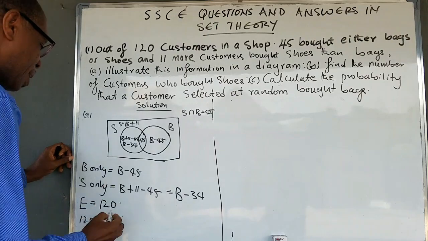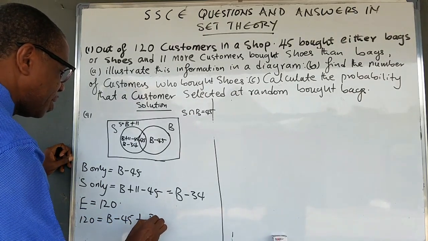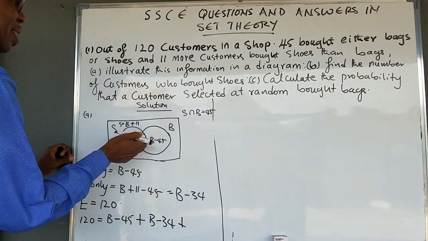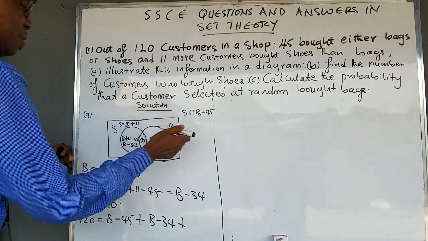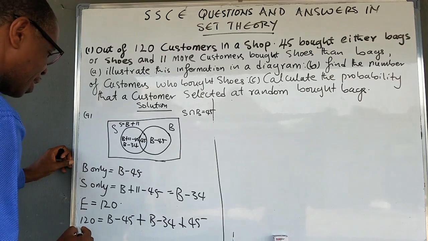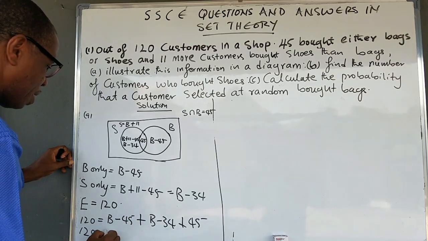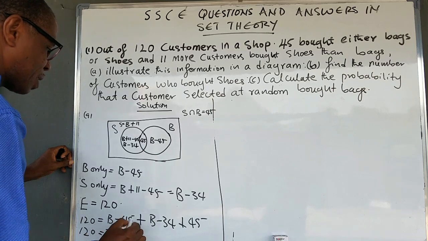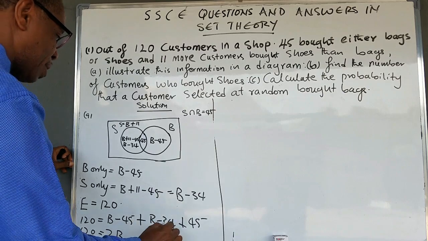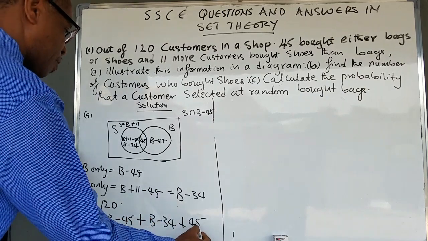So I now have here B minus 45 plus B minus 34 plus the intersection, X intersection B, which is 45. Let's see what that will give us at the end of the day. We now have 120 equal to B plus B, which gives 2B, then minus 45 minus 34, plus 45. Minus 45 plus 45 will give us 0.